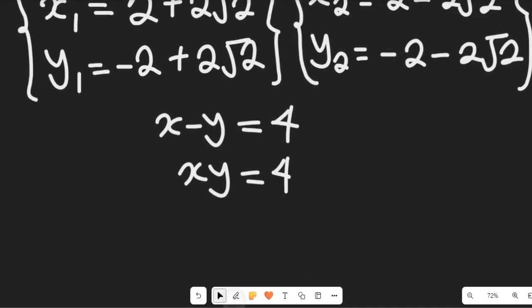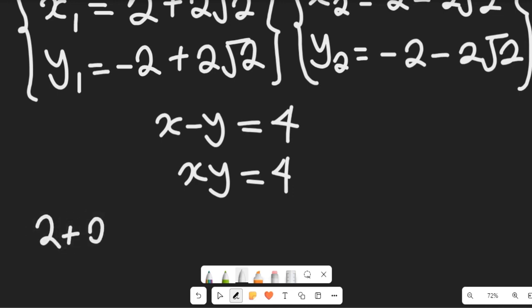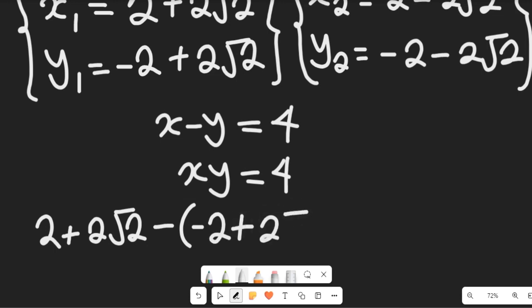So if the first two, x1 is what? 2 plus 2 root 2. So we're going to look at 2 plus 2 root 2, which is x, and we're going to subtract it from minus 2 plus 2 root 2, which is y. Is it going to give us 4?